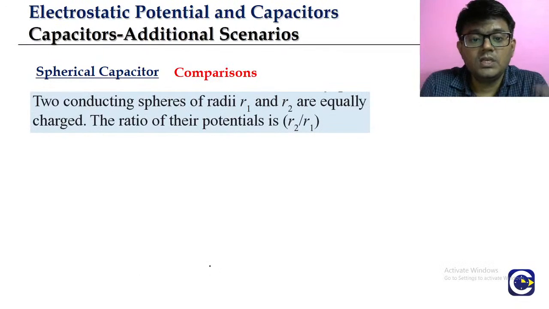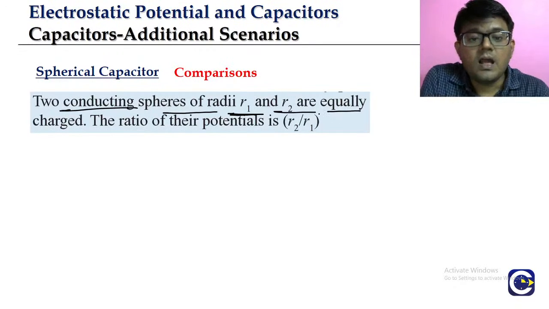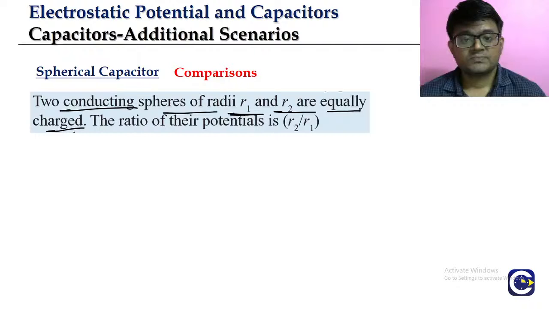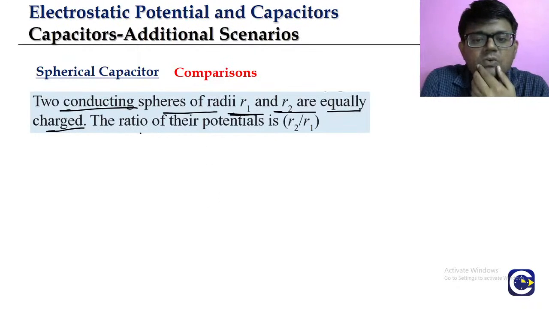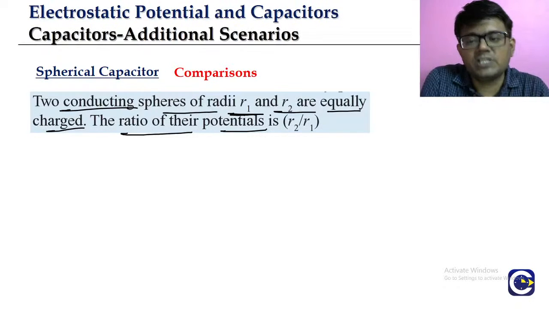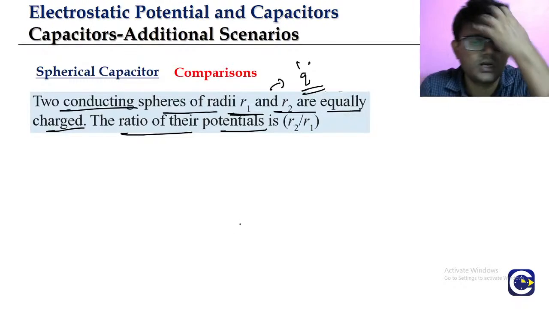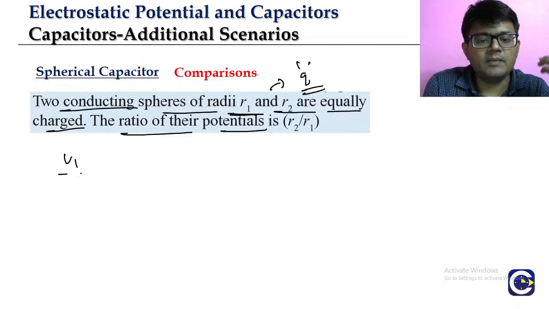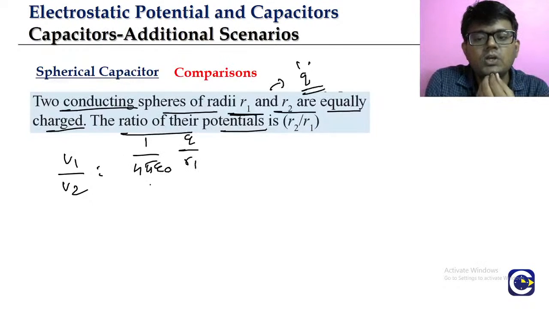This is one. Now look here, two conducting spheres of radius r1, r2 are equally charged, which means the charge is same on both of them. Then what do we need to calculate? The ratio of their potentials. They are given the same charge, so let us say the value of the charge is q. Then we need v1 by v2. v1 is what? 1 by 4 pi epsilon naught q by r1.